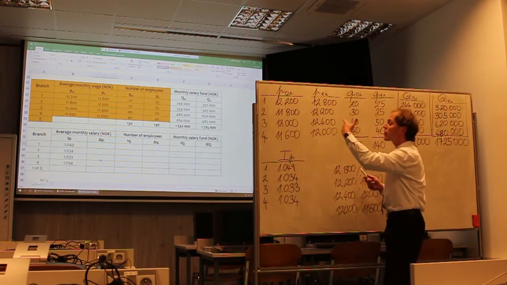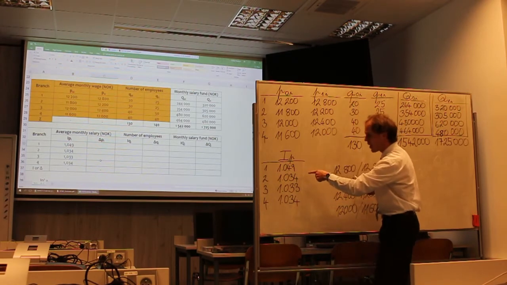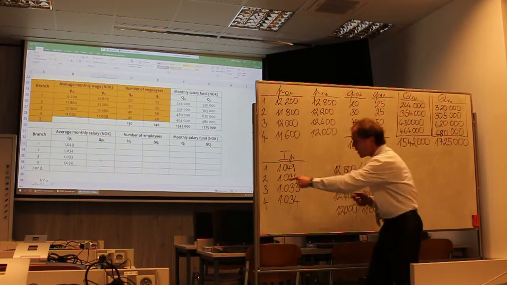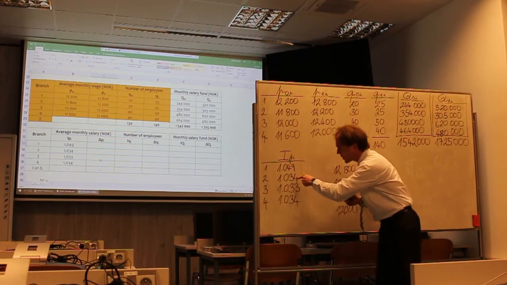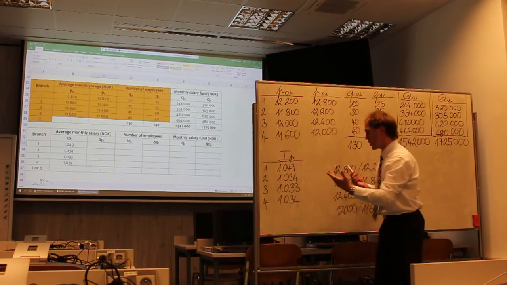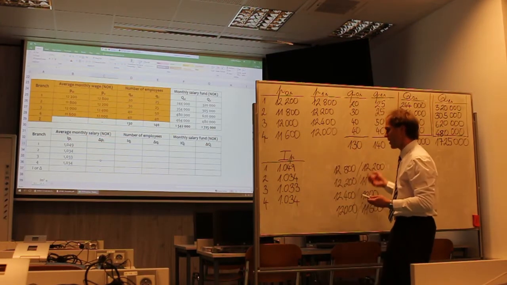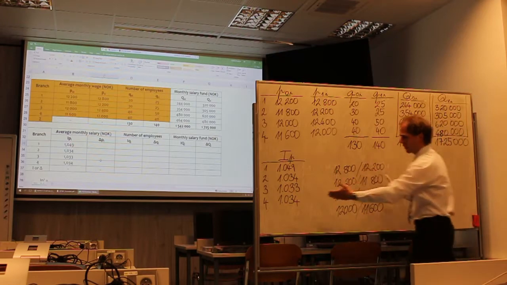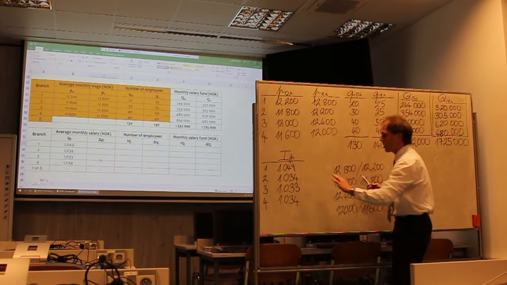You increased wages in the first branch office by 4.9%. In the case of second branch office, you increased wages, salaries for your employees by 3.4%. Between year 2010 and 2011, in the case of third branch office, you increase wages by 3.3%.